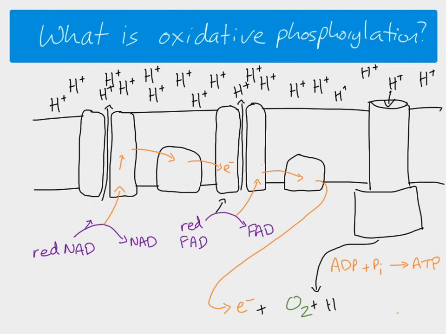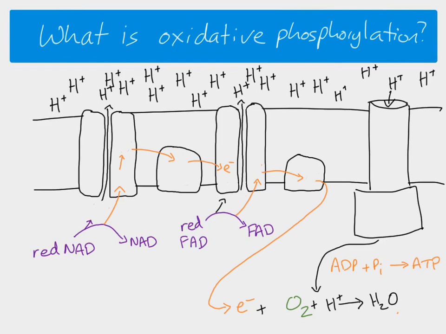Hydrogen ions that have moved through the ATP synthase also join with the oxygen and the electrons. And when you've got hydrogen and oxygen combining, you get water. So water is a product of oxidative phosphorylation, and it's actually a waste product. So this water actually is removed from the cell and excreted.